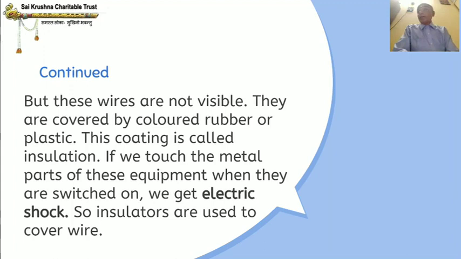So this process of coating is called insulation. If we touch the metal parts of these equipment when they are switched on, we get electric shock. So insulators are used to cover wire.